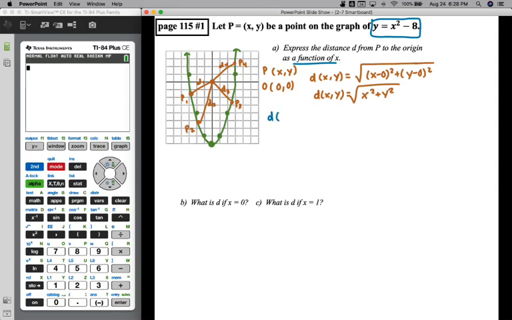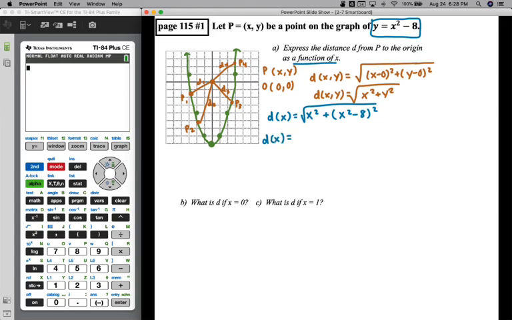So now I can represent this as just an equation for distance in terms of x and x alone. I'm going to take y and I'm going to replace it with the quantity x squared minus 8. Now, remember, we're squaring that because y is being squared, so we have to FOIL and do some simplifying.